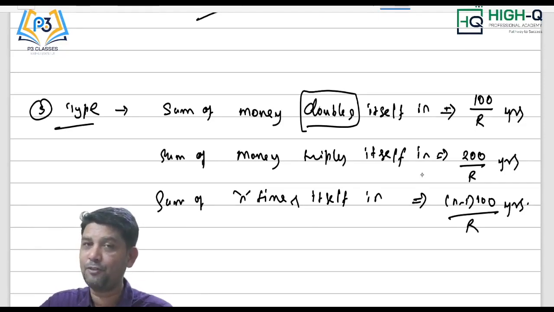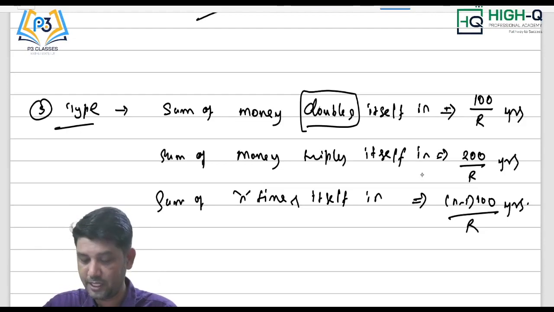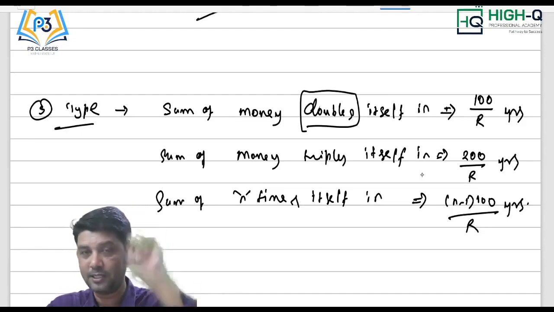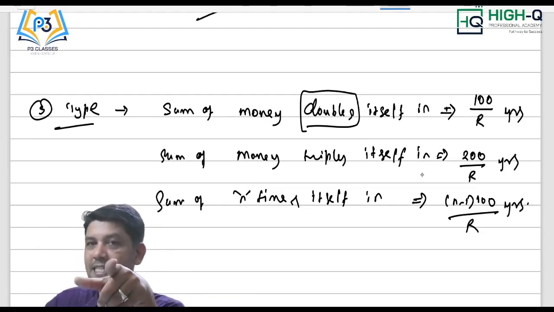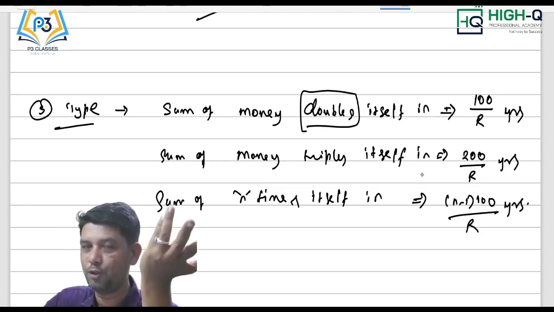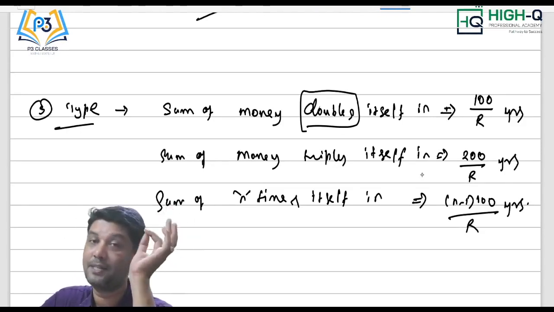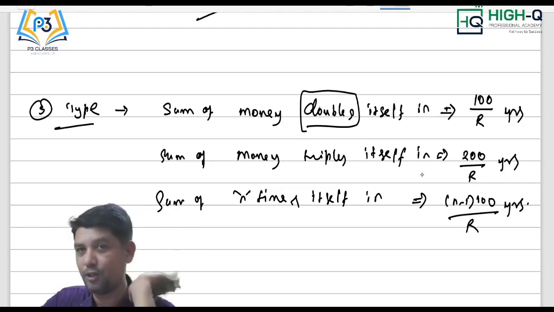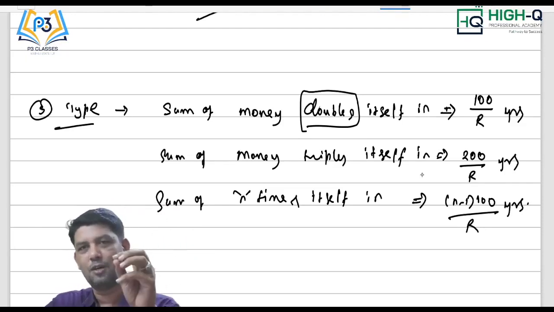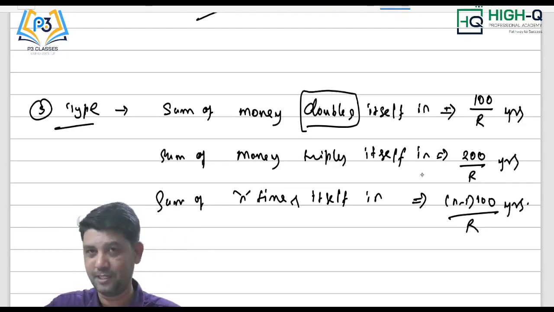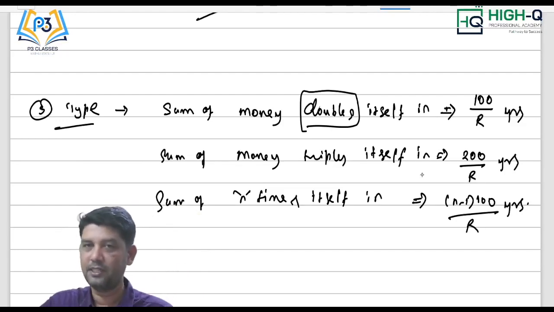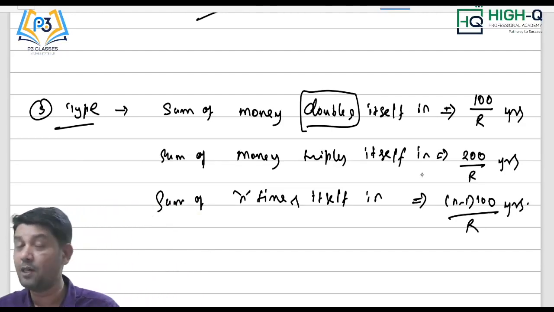Same type of questions can be expected in compound interest also. Correct? A sum of money doubles itself in compound interest. Mostly you use 72 by R, but I don't use 72 by R. We use 69 by R plus 0.35, which gives a more accurate answer. 72 by R is also an approximate answer in compound interest. 69 by R plus 0.35 gives a very close answer.